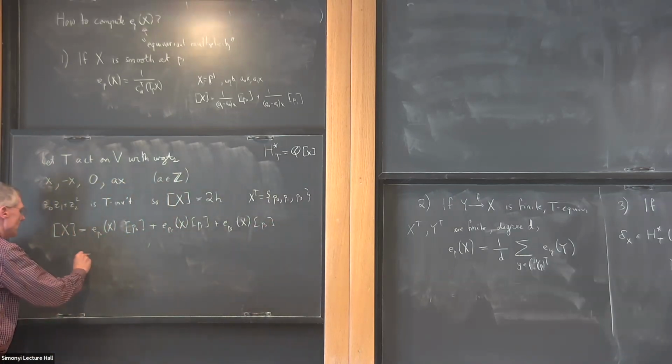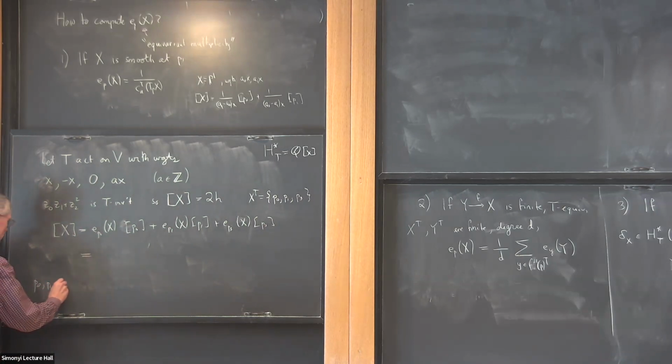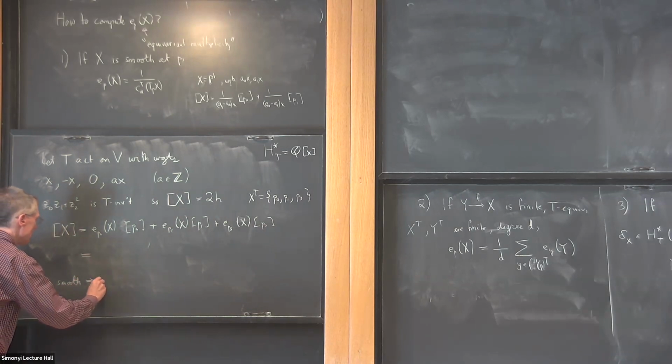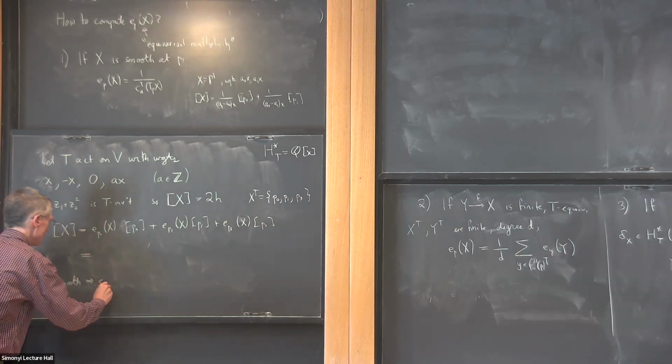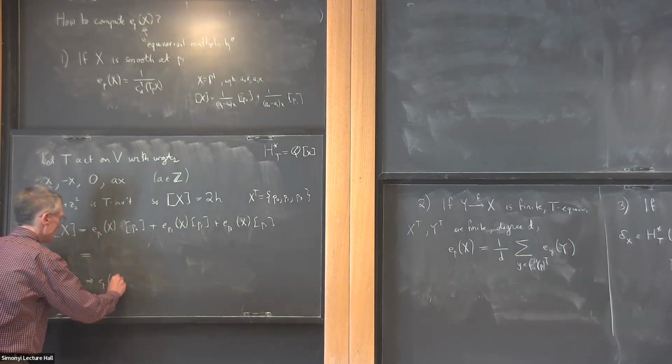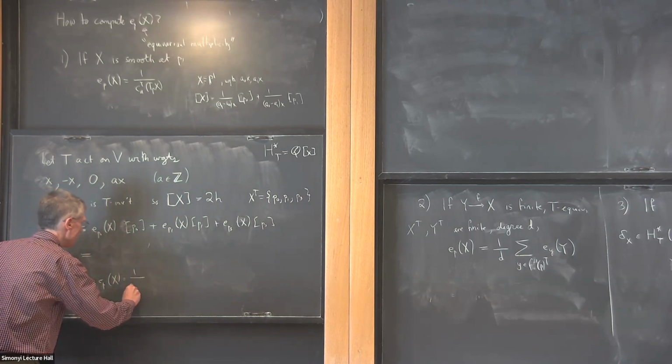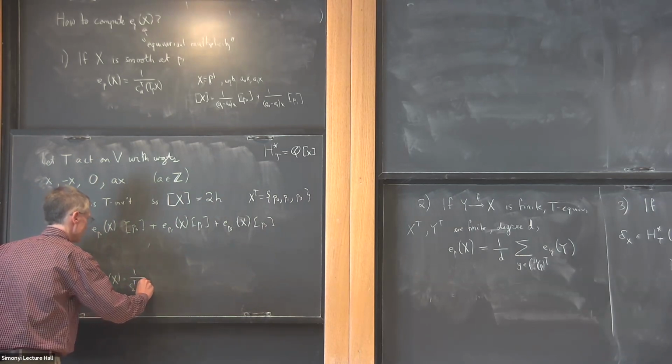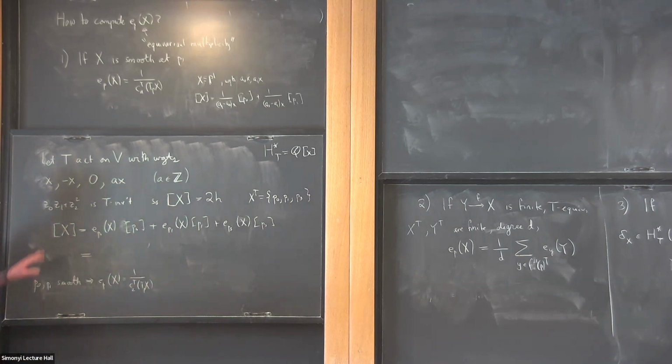Now, P0 and P1 are smooth. So E_P of X for one of these P's is just 1 over c2, the top Chern class of the tangent bundle of X at that point P. And so it's not so hard to compute what the weights on this tangent space are.